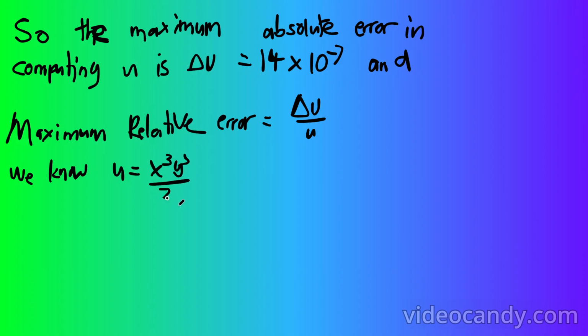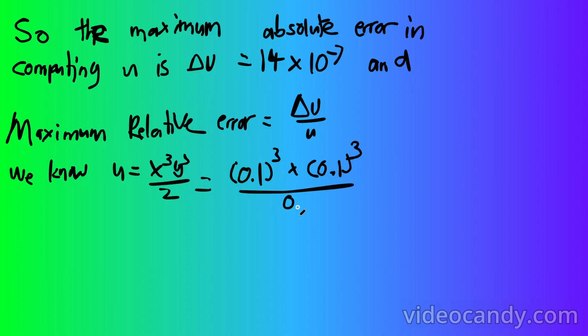We know U equal to x kuasa 3, y kuasa 3 per z, equal to 0.1 kuasa 3 times 0.1 kuasa 3 per 0.1, so equal to 1 times 10 kuasa negatif 5.